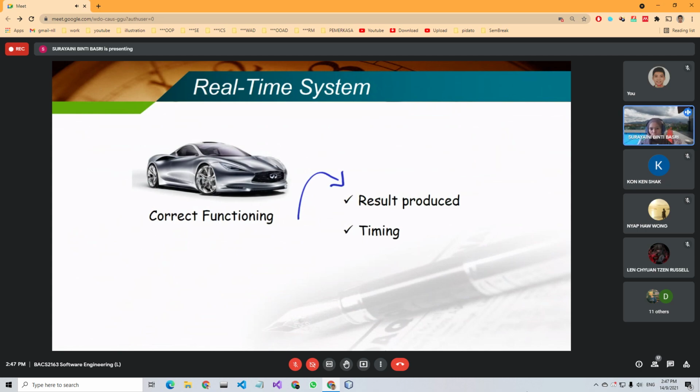So all of the systems you have mentioned fulfill the example of a real-time system, because they all produce some result or action based on some trigger or event from the external environment in the specified time.